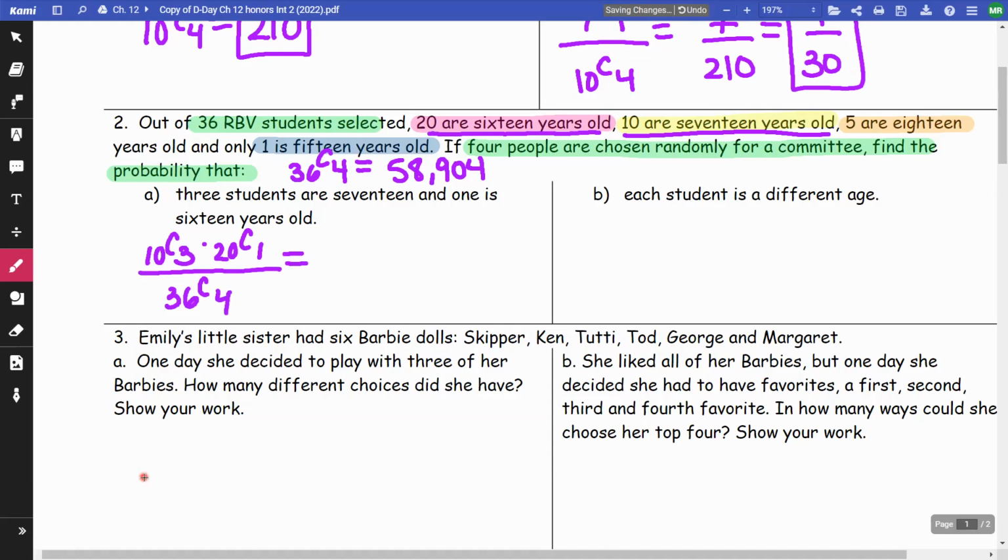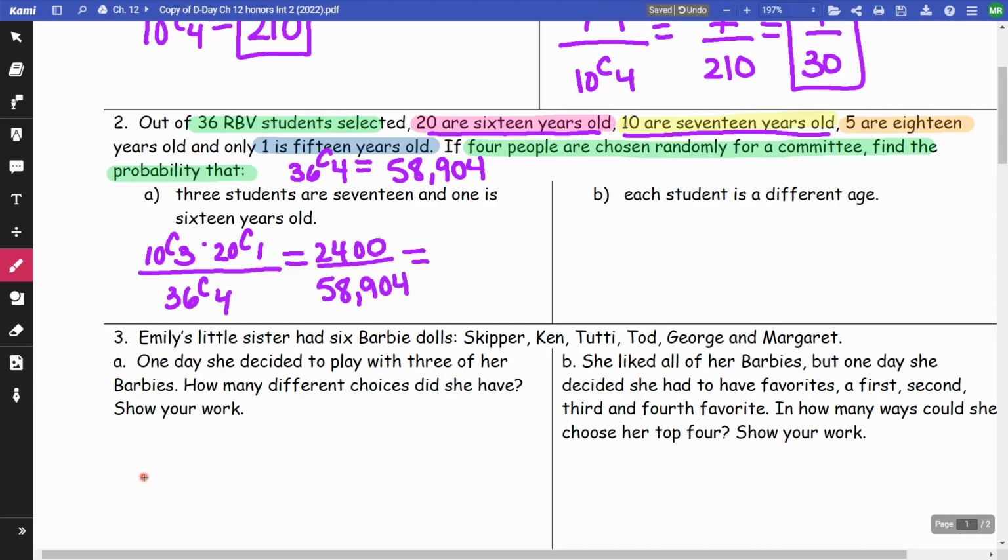And 10 choose 3 times 20 choose 1, which is really just 20, is going to be 2,400 over 58,904.